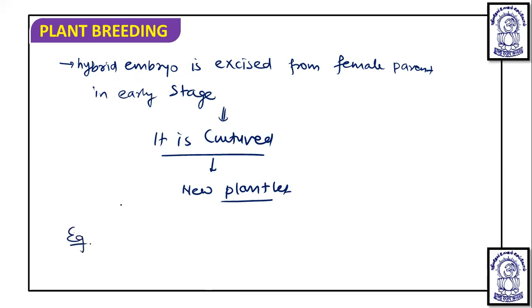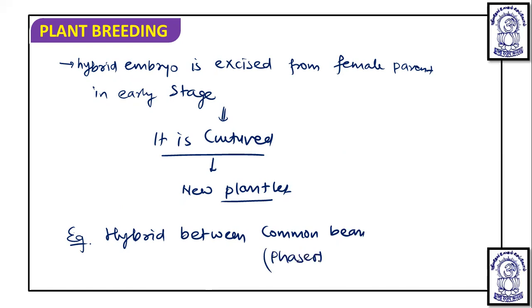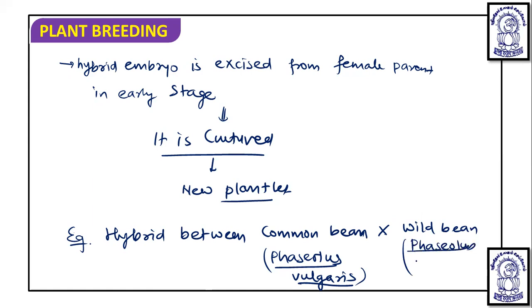And if we take an example of this, the hybrid between common bean, whose scientific name is Phaseolus vulgaris, and wild bean, and this wild bean is Phaseolus angustissimus.